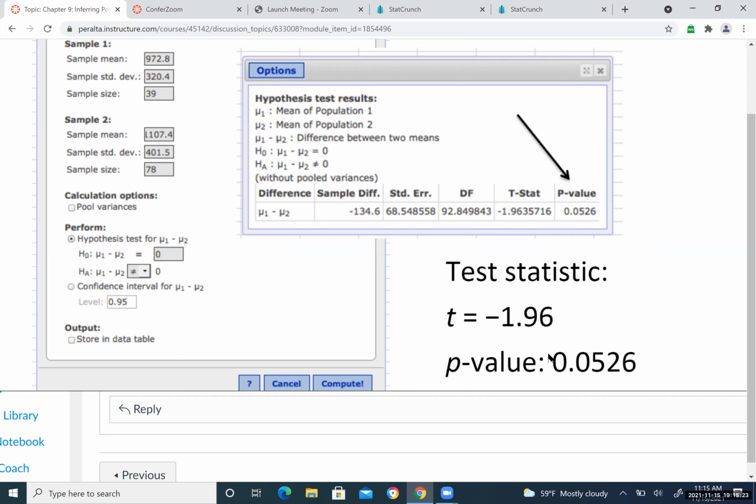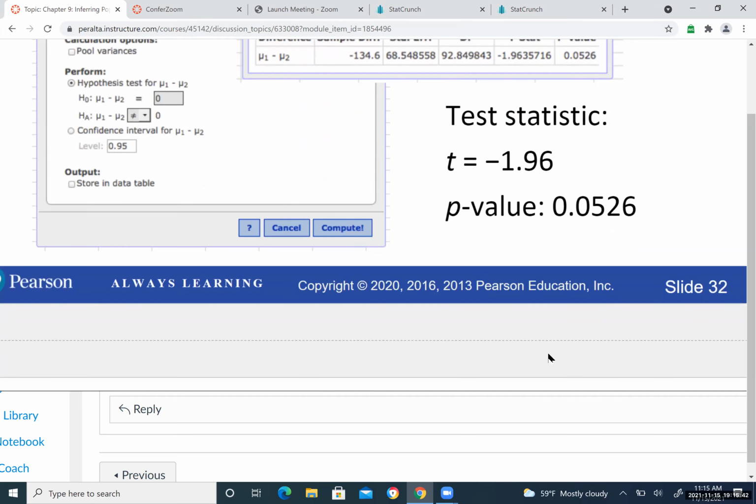This p-value is bigger, so you have to conclude that you will accept the null hypothesis, which is H naught, and you do not agree with the alternate hypothesis, which is HA. That is what it means.